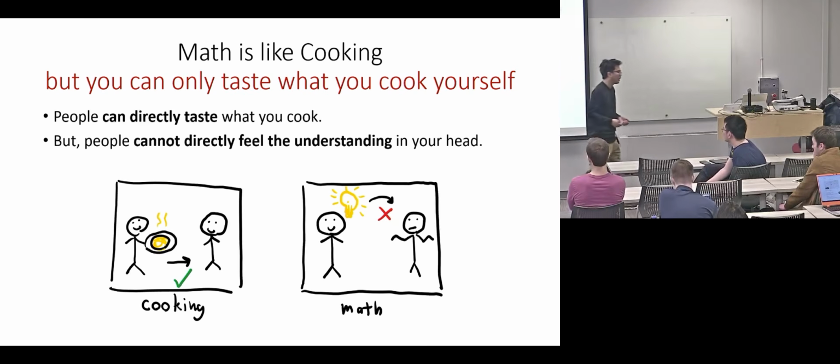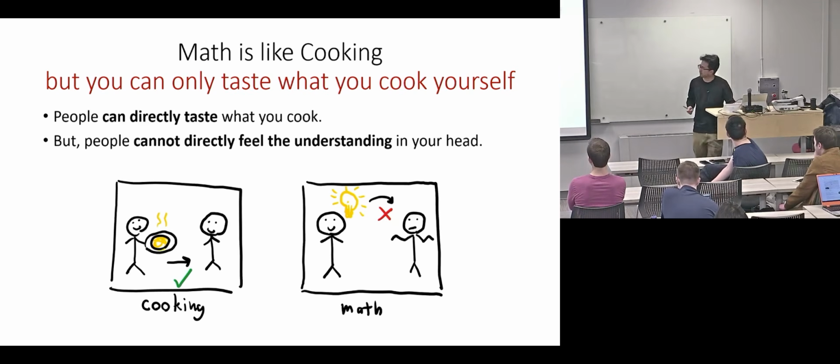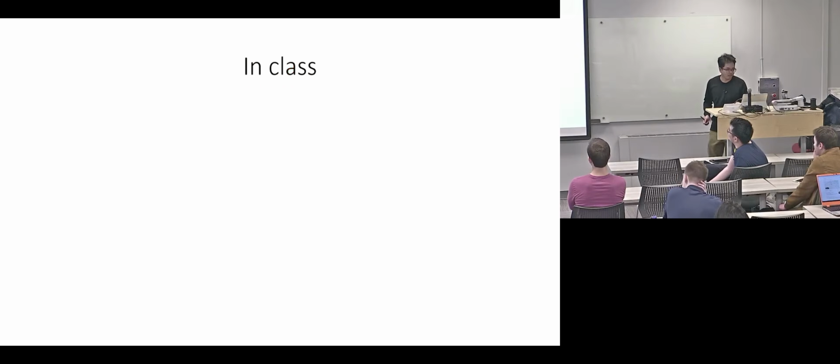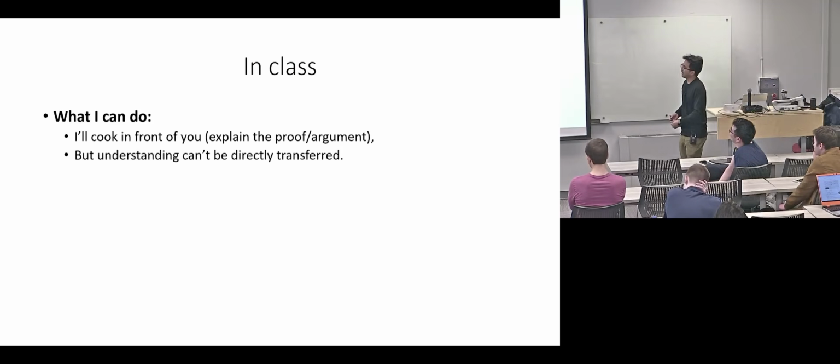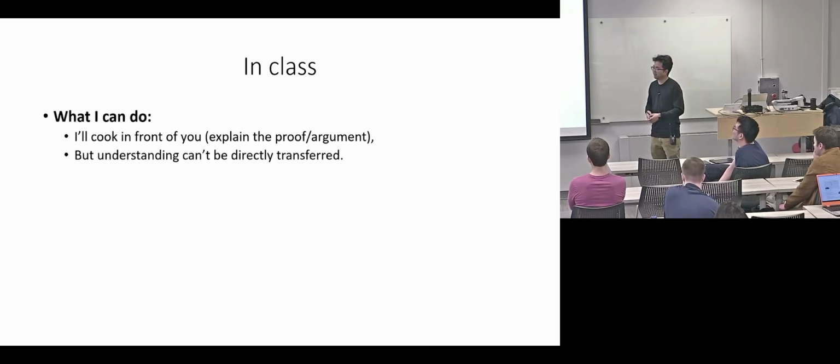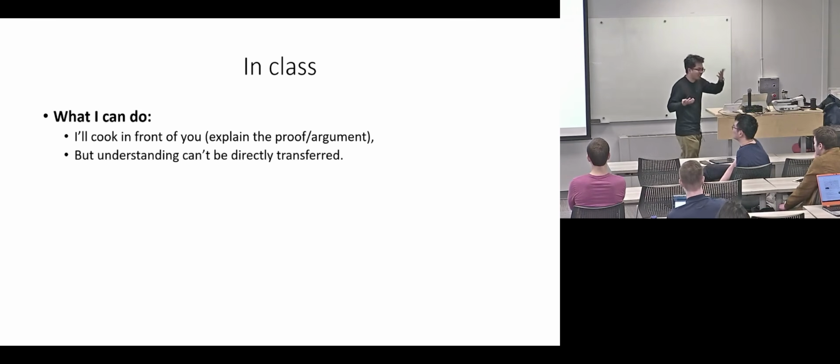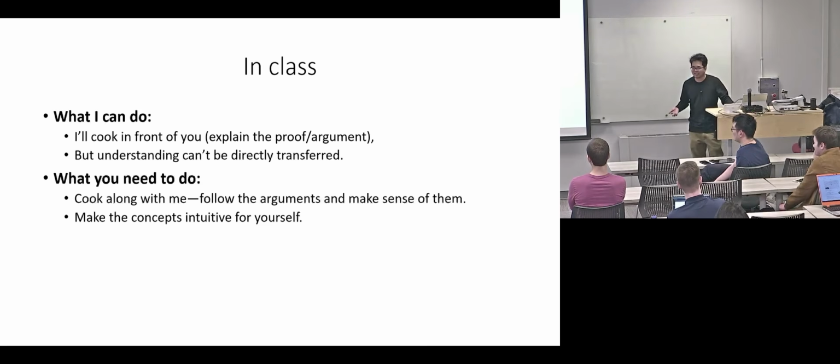That doesn't work. So in this class, what I can do is explain the argument in front of the class. That is, I cook in front of you, but I cannot really give you the food itself. I cannot transfer my understanding to you. So what you need to do in class is see how I cook and cook along with me: follow the argument, think about it, and try to make sense of it on the fly.